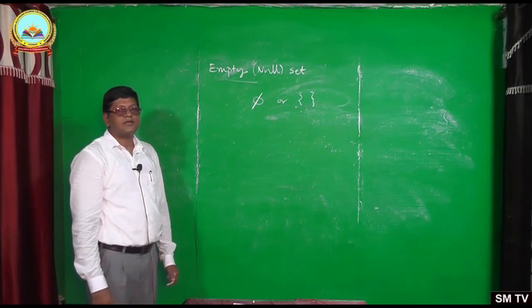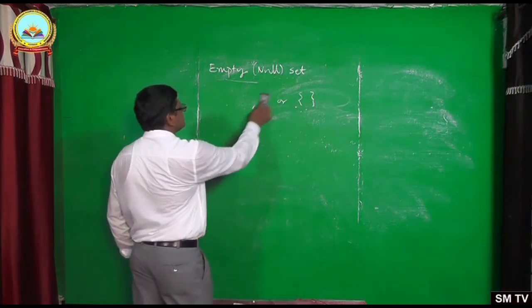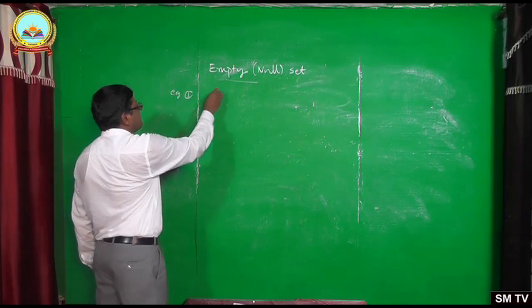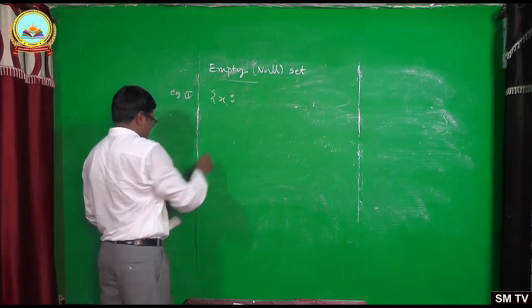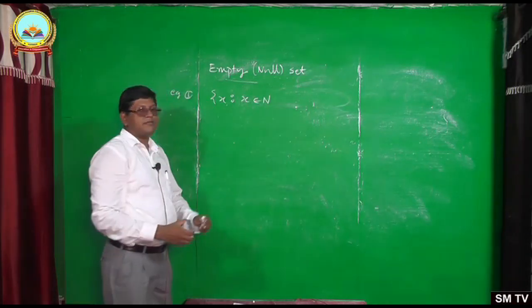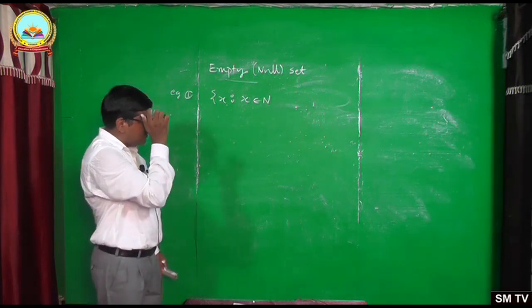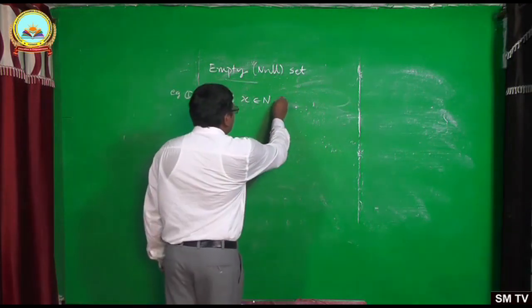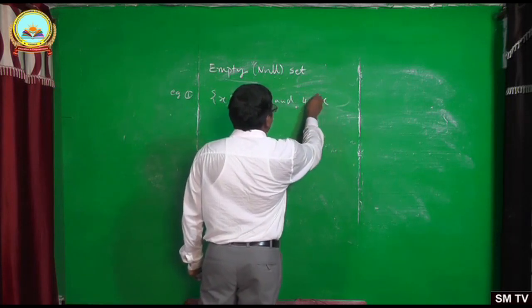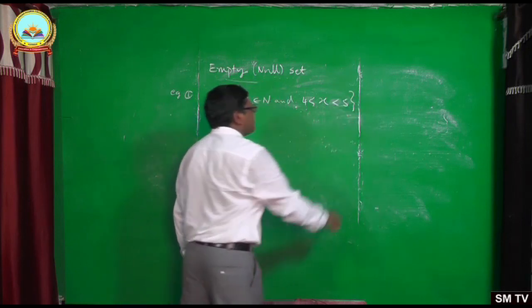Okay, let us take some examples. Example number 1. The set of all x such that x is a natural number and x lies between 4 and 5.